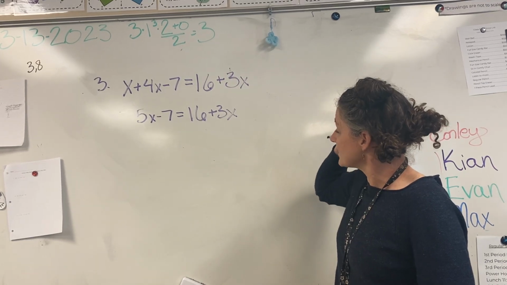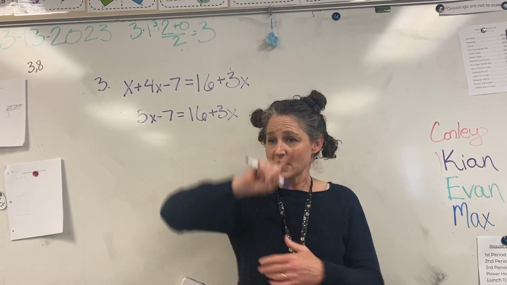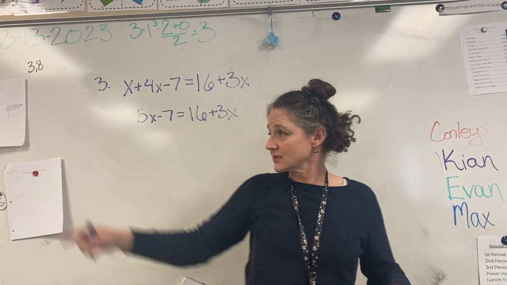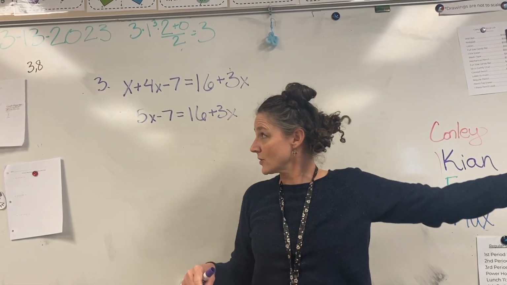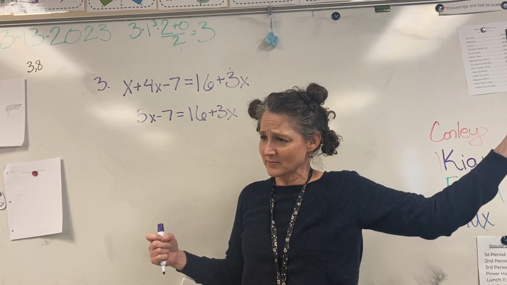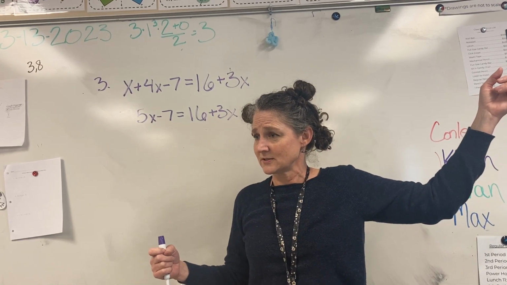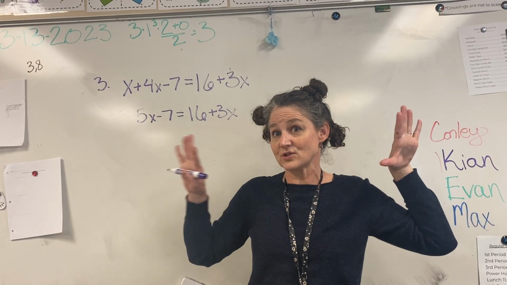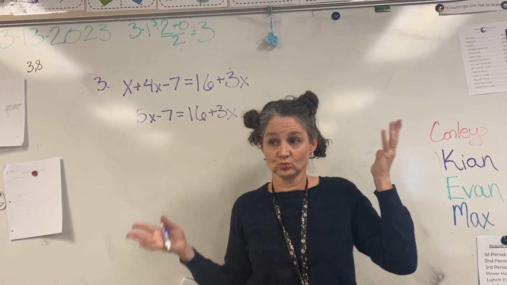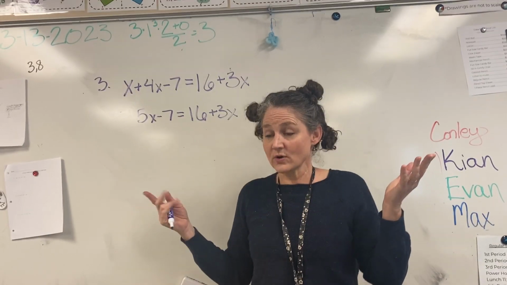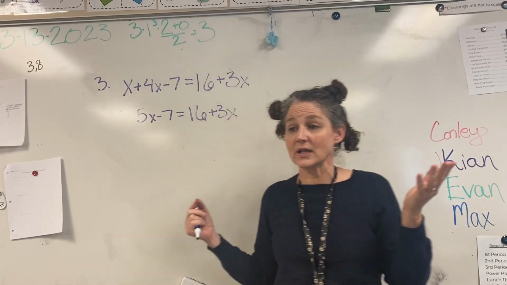All right, I have a 5 and a 3. Do I want to get the 3 on that side to the left, or do I want to get the 5 to the right? You want to get the 5 to the right? Do you like negative numbers? If you get the 3 to the left, you don't have a negative. If you get the 5 to the right, you do. Is it okay if we have a negative? It's okay, it's just that you're more likely to make a mistake.